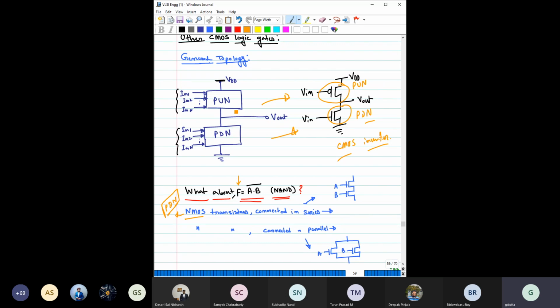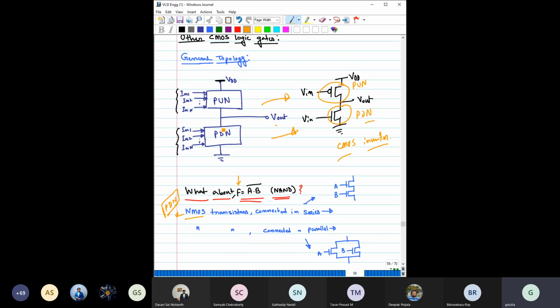Similarly, if you use NMOS as a pull-up network, then the maximum voltage at this output would be VDD minus the threshold voltage of this NMOS. So you will not get the full swing. The output would be one threshold voltage off from the power line voltages.